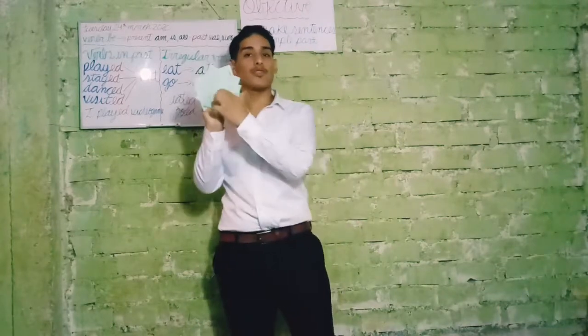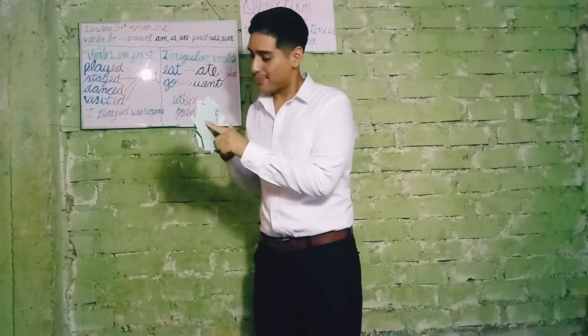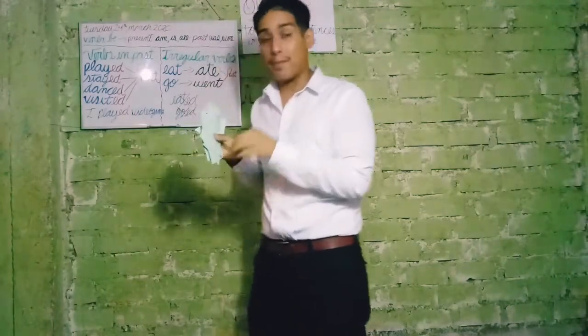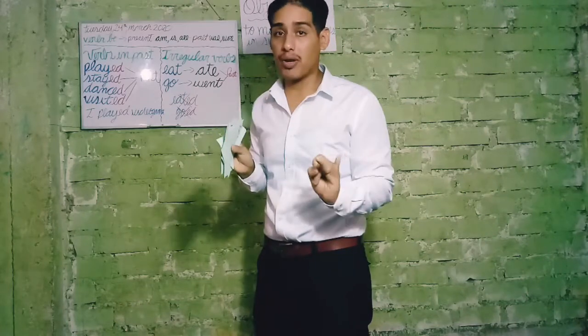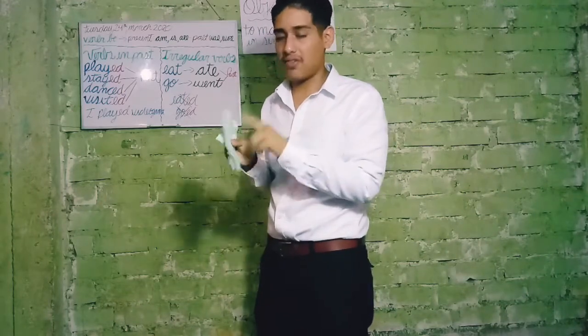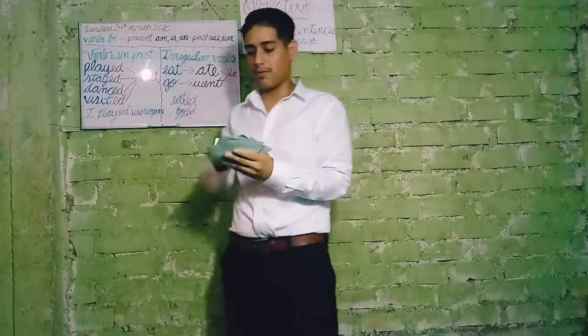Here I have some verbs, and you have to tell me if they are in the present or in the past. It's no problem if it's regular or irregular. You have to recognize whether it is in the present or in the past.